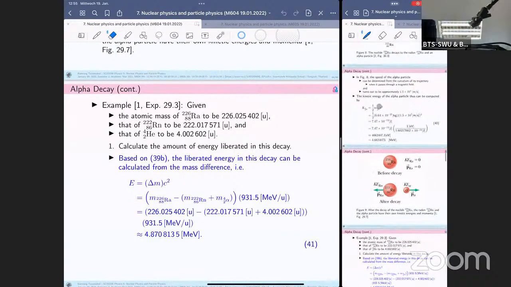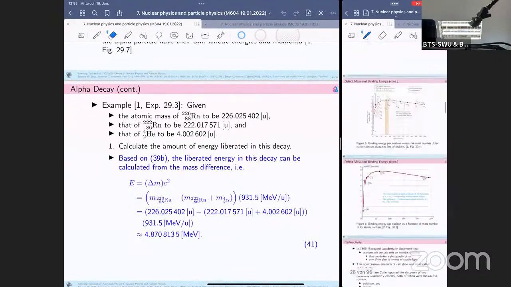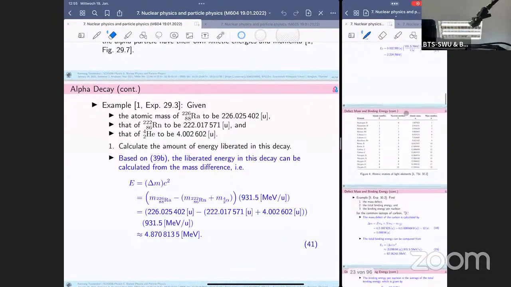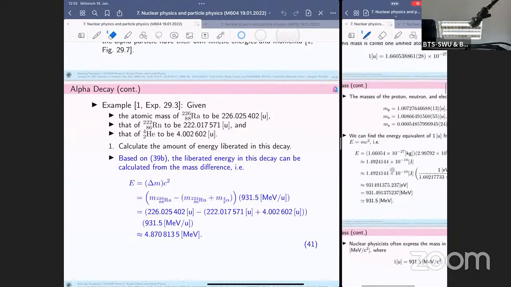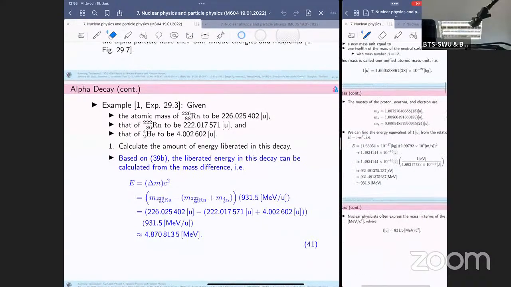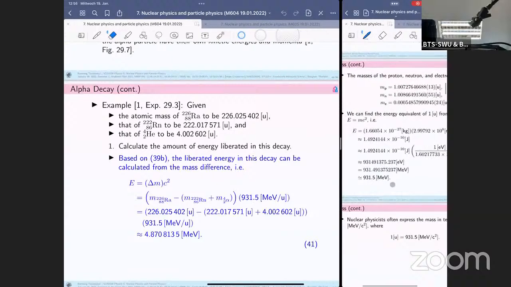You know that we have the fast way to convert any mass in atomic mass unit scale to energy in mega electron volts.